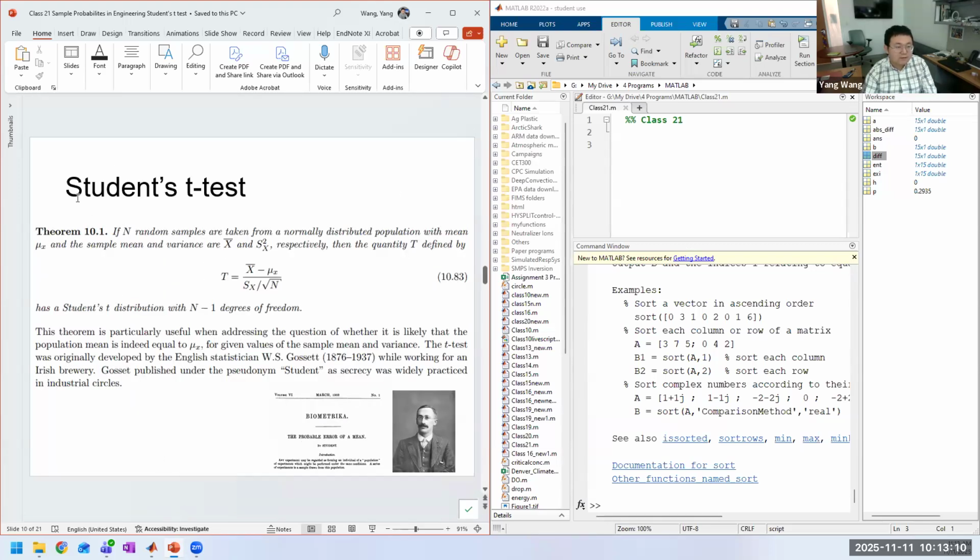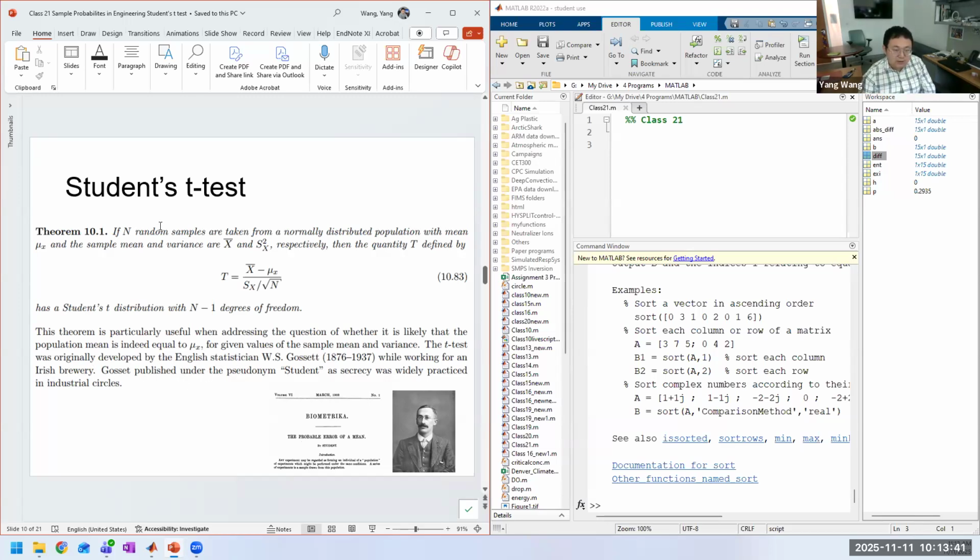So then you may wonder, why is that called a student's t-test? At first, when I heard about the student's t-test, I thought it was a bunch of students who found this probability or statistical method, and we're honoring the students who developed this method. But actually, it is not the case. It was first created by the English statistician W.S. Gosset.